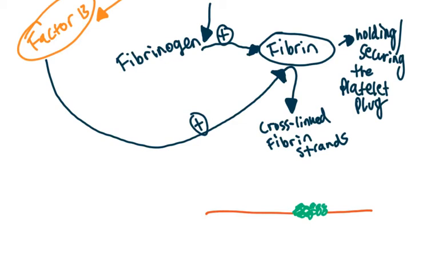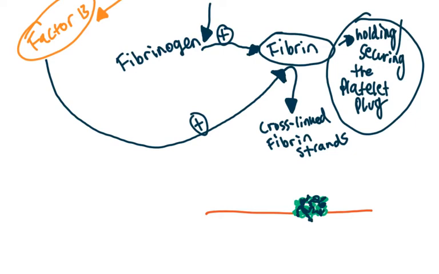So now the cross-linked fibrin strands can go ahead, and I'm going to draw more platelets here to show their shape, all cross-linked with each other. You can see that these tough strands are holding the platelet plug together, so the platelet plug doesn't move. It's holding and securing the platelet plug at the site of injury.